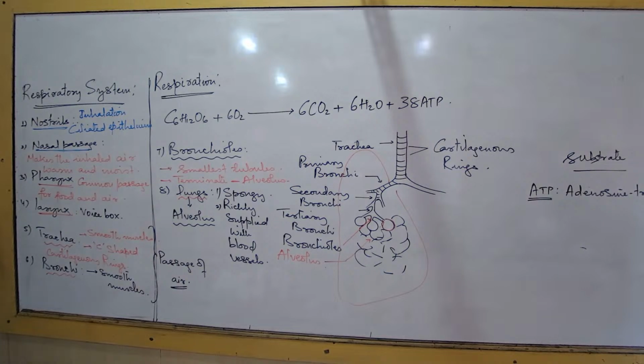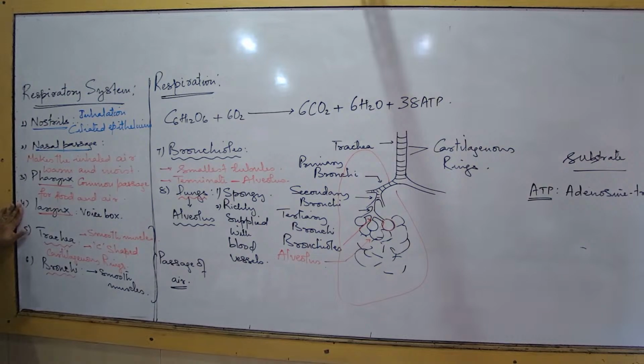Number two, rich supply of blood vessels. आया समझ में यहाँ तक? Any doubt, anybody?